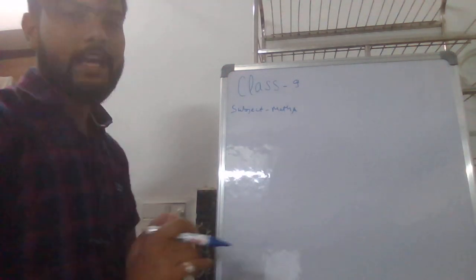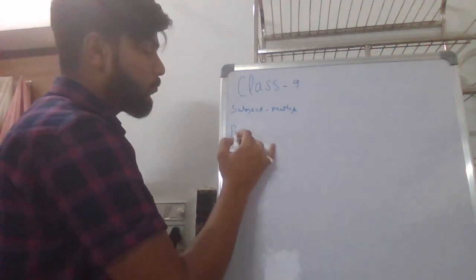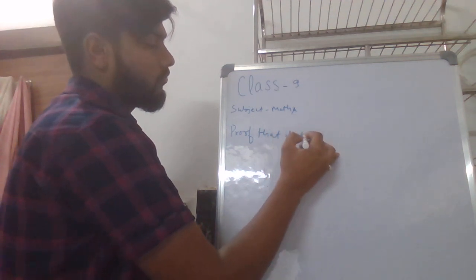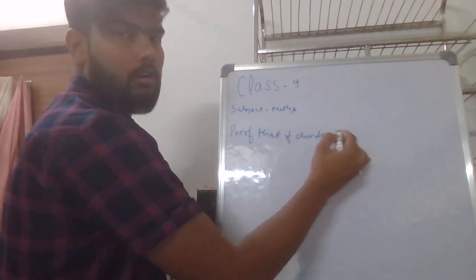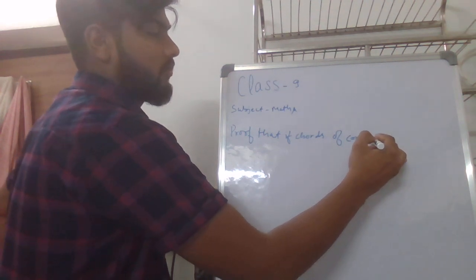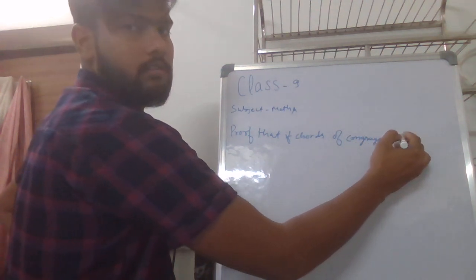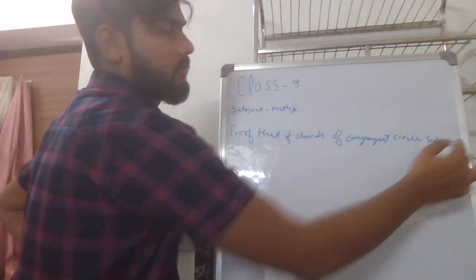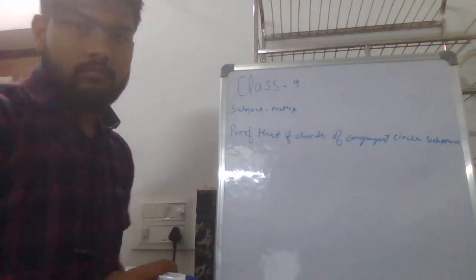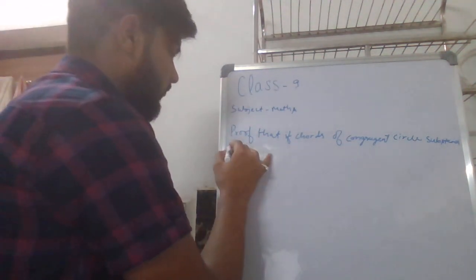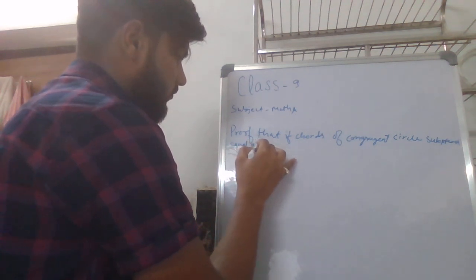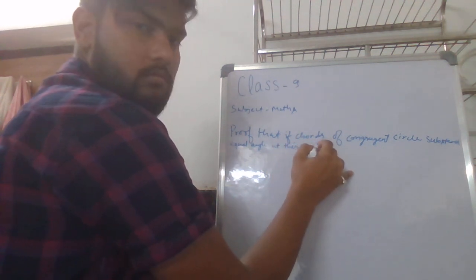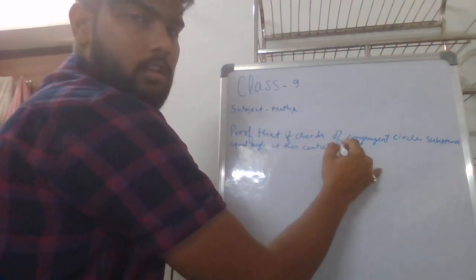Okay, very good. So what is given here: prove that if chords of congruent circles subtend equal angles at their centers, then the chords are equal.